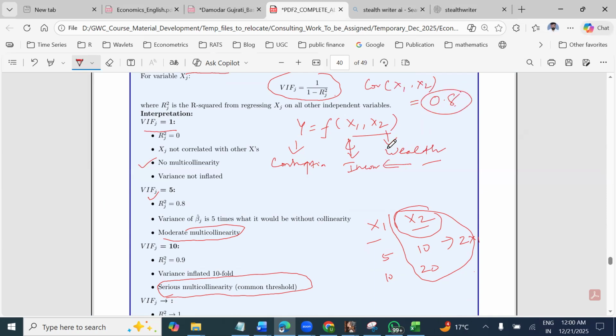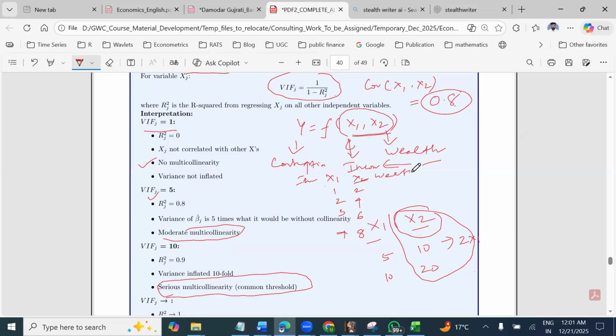Obviously when there is a perfect linear relationship, of course there is a multicollinearity problem in the data. It means the correlation is very high. In this example, if x1 is 1, 2, 3, 4 and x2 is 2 times, that is 2, 4, 6, 8. Just imagine x1 is your income and this is your wealth.